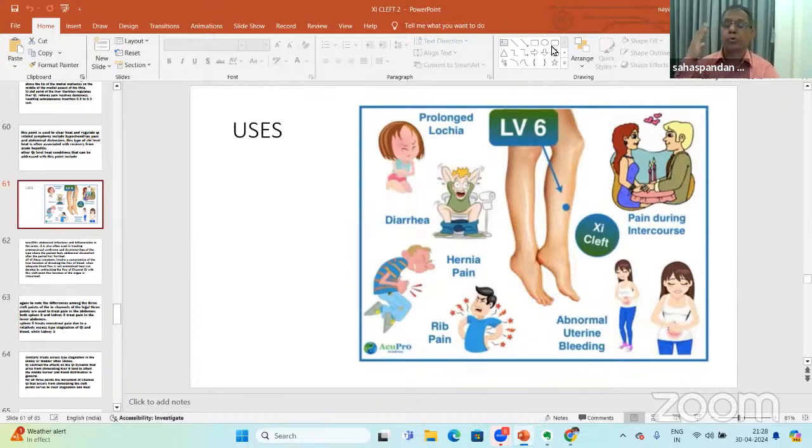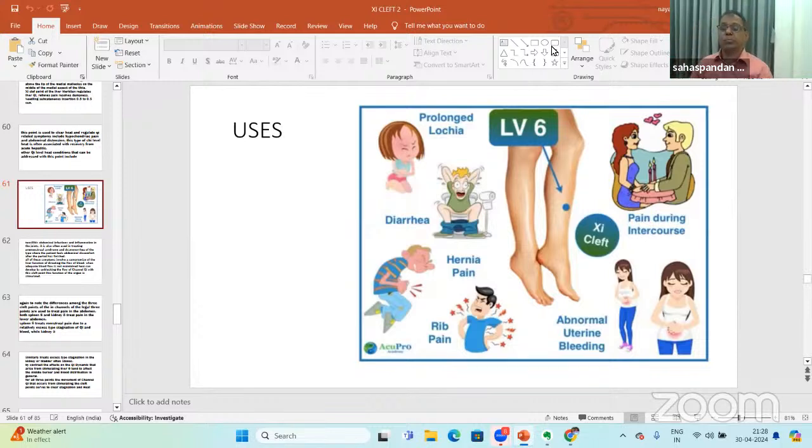On the posterior part of the lower leg, behind the external malleolus, and 3 cun directly above UB60. This yellow dot is UB60, and go 3 cun above on the straight line, 4 fingers. So this is the location of bladder 59, UB59.